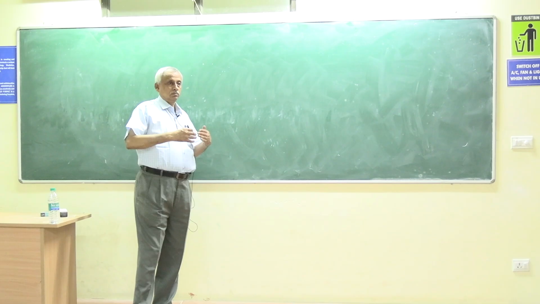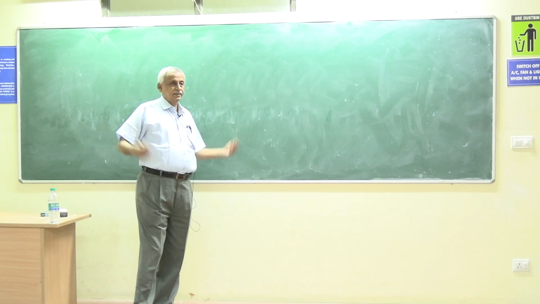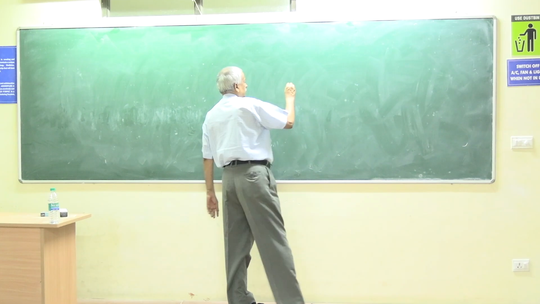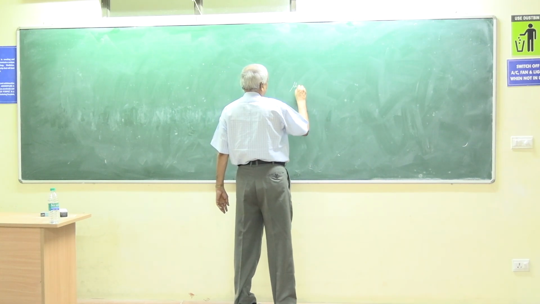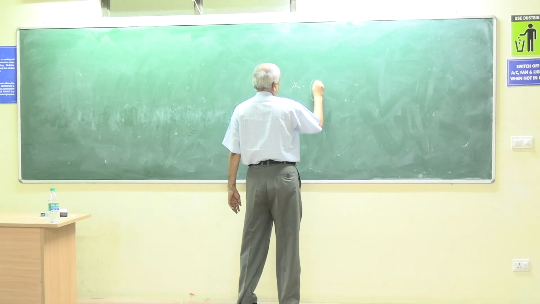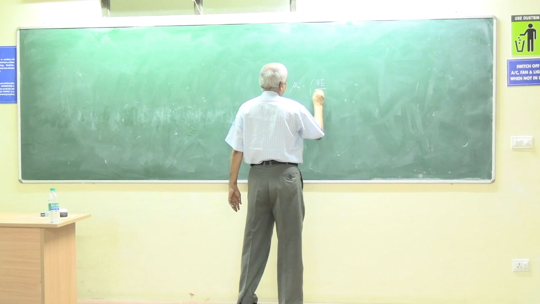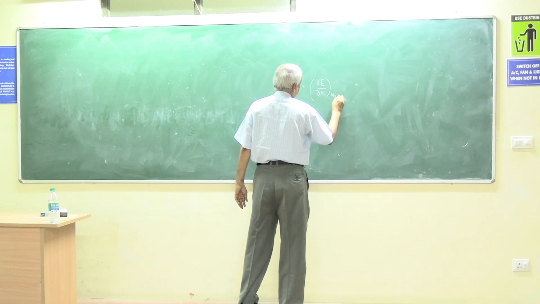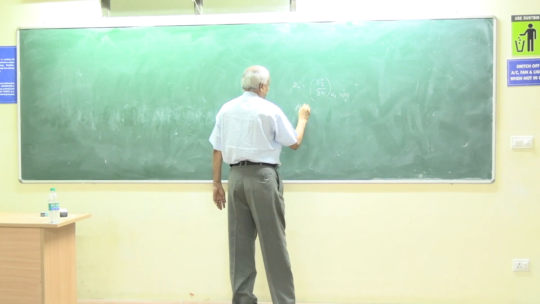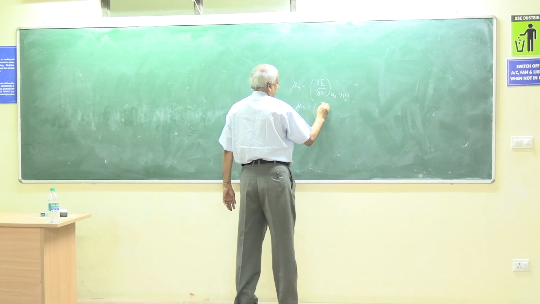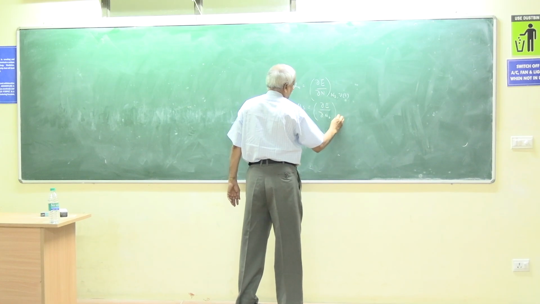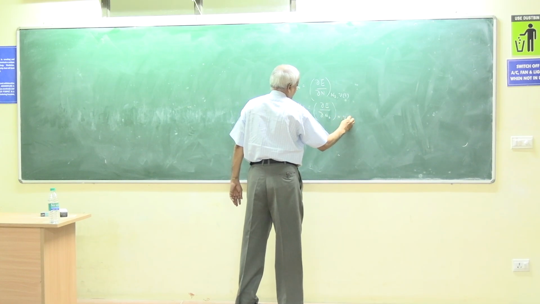Now we will consider case by case. Say mu n is del E del n at constant ns and Vr, whereas mu s is del E del ns at n Vr.